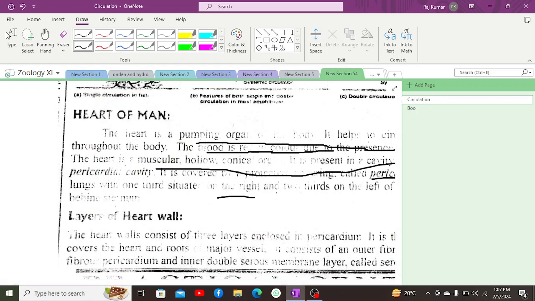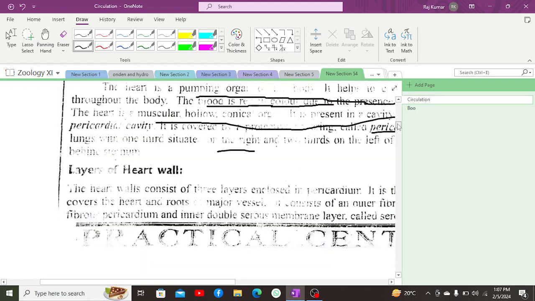One third of it is towards the right side, and two-thirds on the left side, between the fifth and sixth ribs. It is mesodermal in origin, about the size of one's fist, and its dimensions are around 12 centimeters long, 9 centimeters wide, and 6 centimeters in thickness. It has a conical shape.